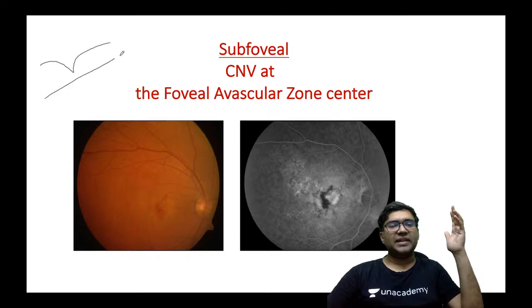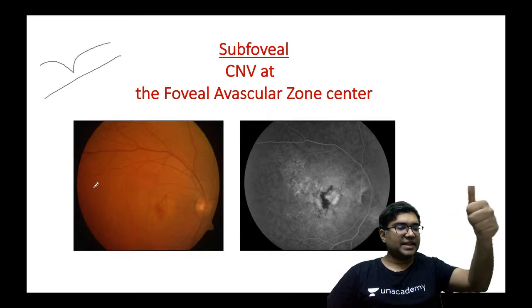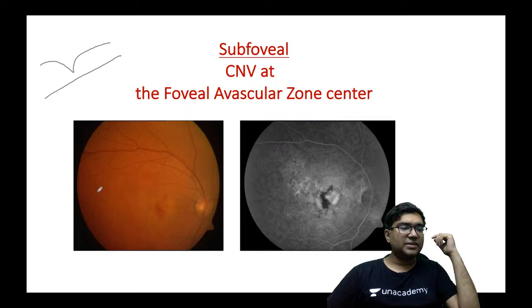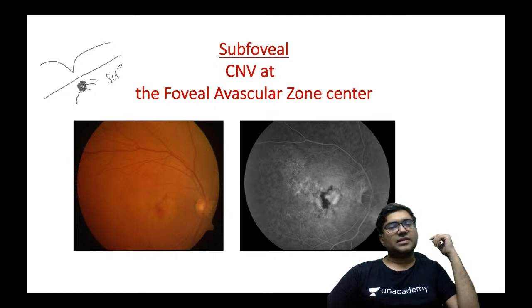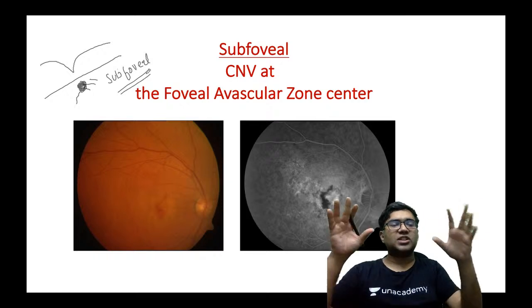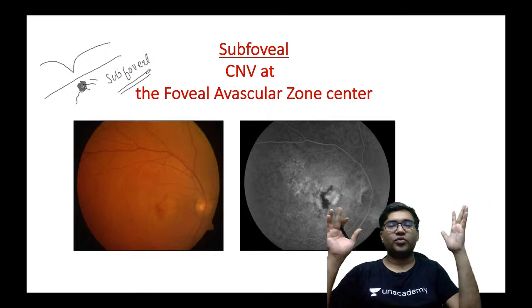If this is my fovea, is it clear, Abhinaya, Dr. Anurag, everyone, Sneha? If my new vessels are formed directly here, this is called subfoveal. It is at the most critical area.